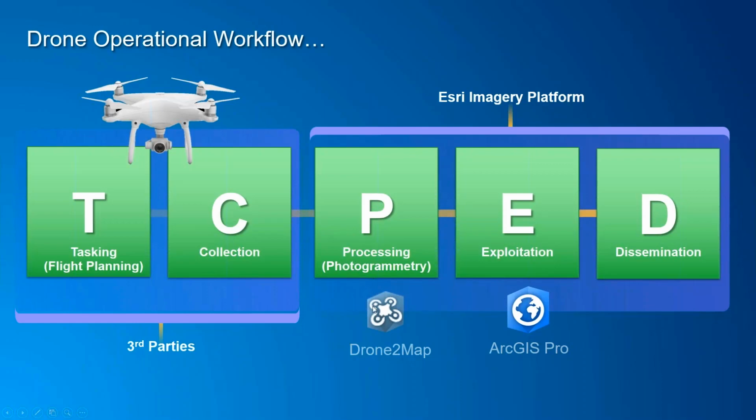Again, we're talking about Drone to Map to process the raw photos. For the exploitation, once the products are generated, they can be pushed out to a more powerful desktop GIS application like ArcGIS Pro or any other remote sensing application that you may use. And then finally, that last piece, the dissemination, is just taking your data and sharing it out via the web or any other means.